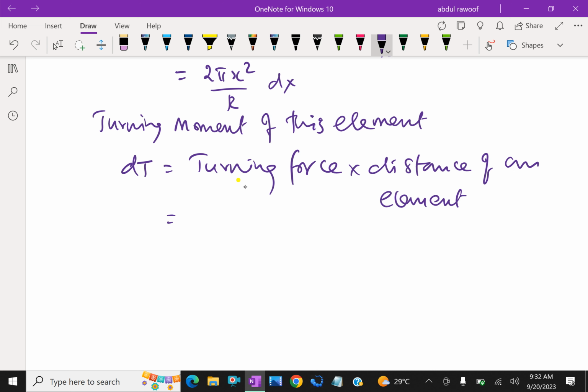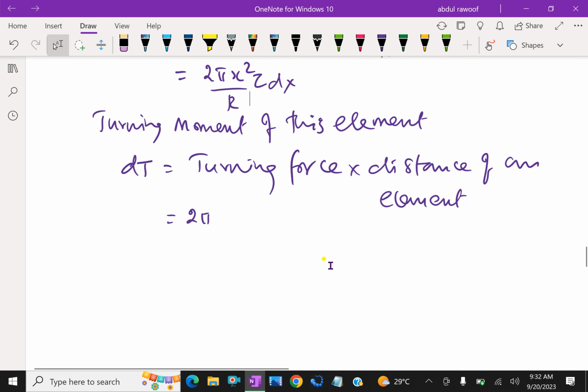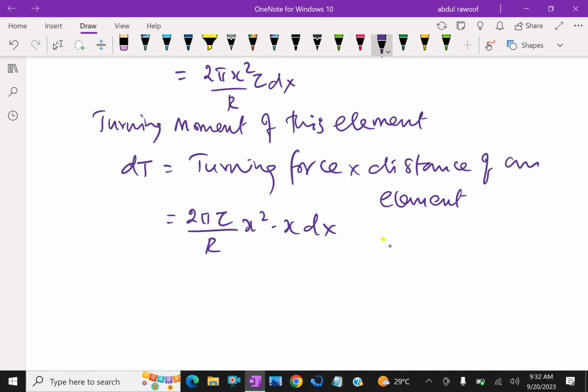Therefore dT equals 2 pi tau by r into x squared into x dx, which is equal to 2 pi tau by r x cube dx.